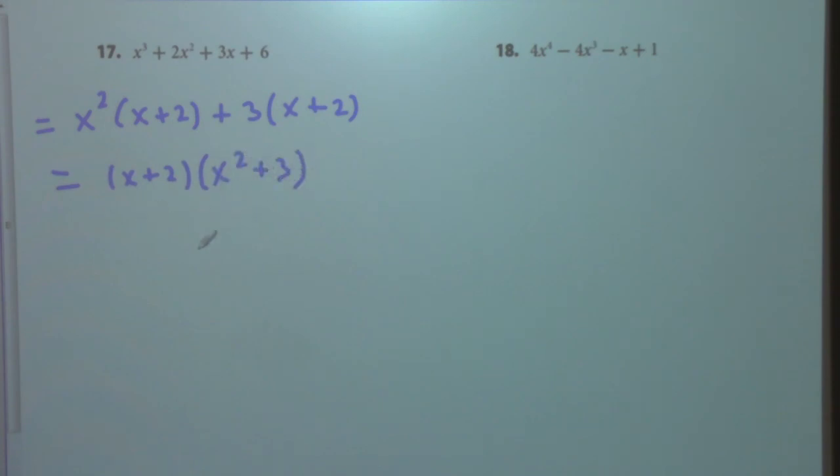Is x squared plus 3 factorable any further than that? No, it's not factorable. Good job. That's what we did with the last one.